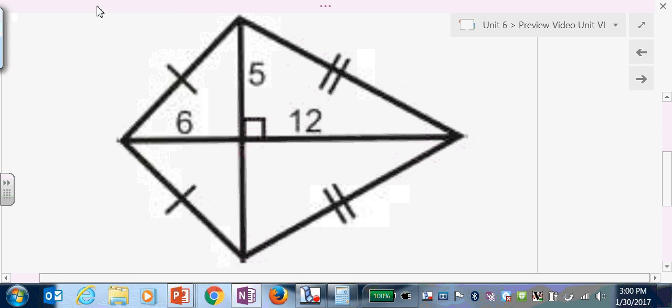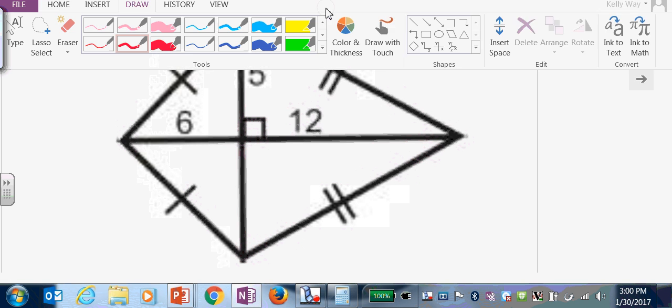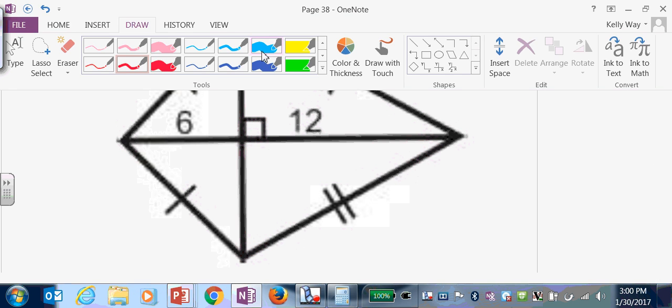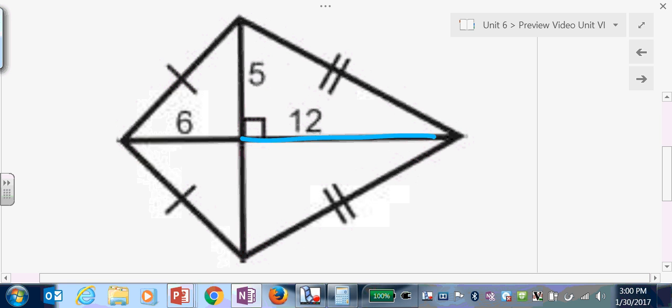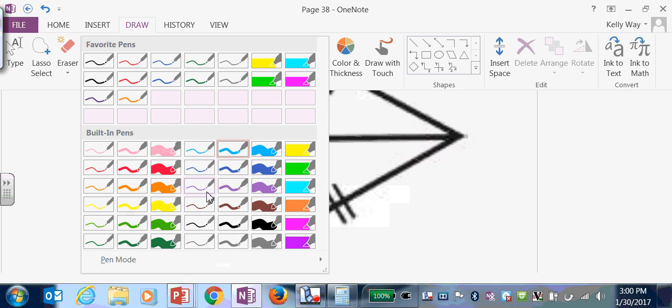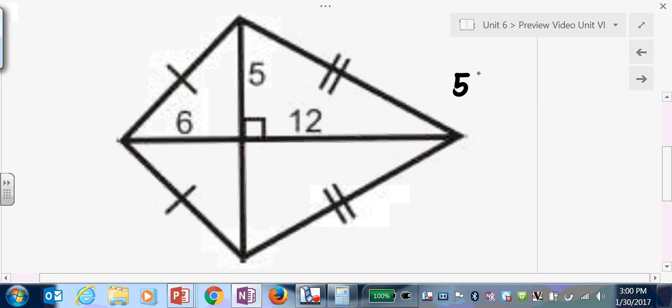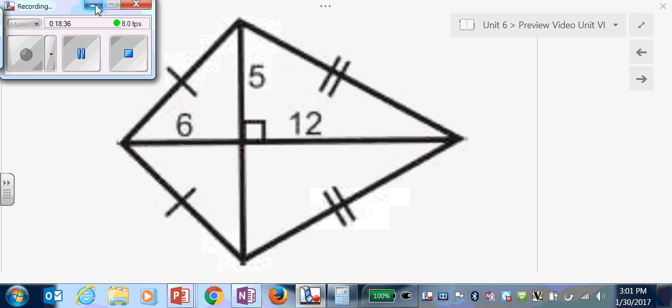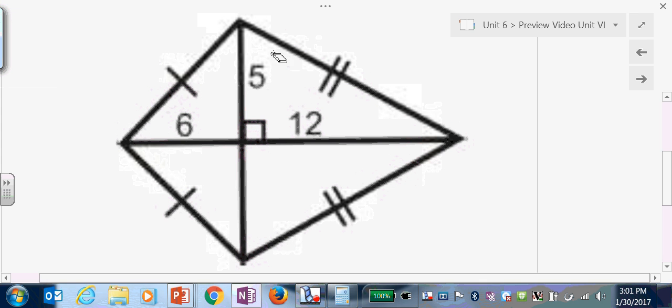All right, students, let's see how well you did on your own. You should have noticed you have a right triangle here, so right triangles are pretty much everything. If you have 2 sides and you need a 3rd side, Pythagorean theorem.